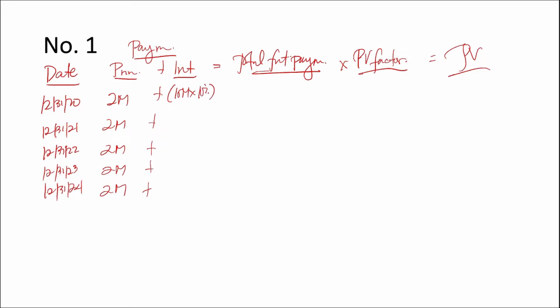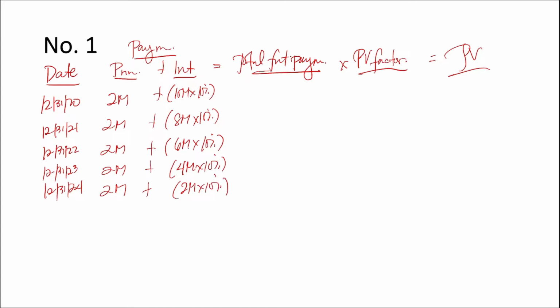Next one, December 31, 2021. Magkano unpaid? 8 na lang. Kasi tandaan nyo, nagbayad na siya ng first 2 million noong December 31, 2020. So, 8 million times 10%. Then, on the third year, magkano unpaid? Principal, 6 million. Every year, bumababa siya ng 2 million. Nasusundan? Ganyan lang.